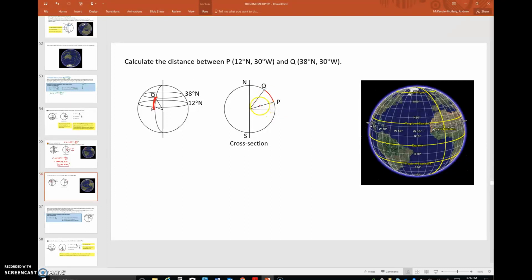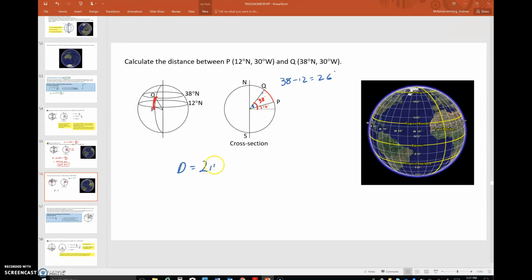So point P is 12 degrees to the north, whereas Q, that whole angle there, is 38 degrees to the north. So to find that difference, we need to subtract the two. So to get this angle, just that bit, we're going to subtract 12 from 38, which gives us 26 degrees.